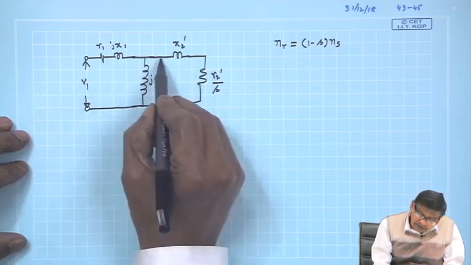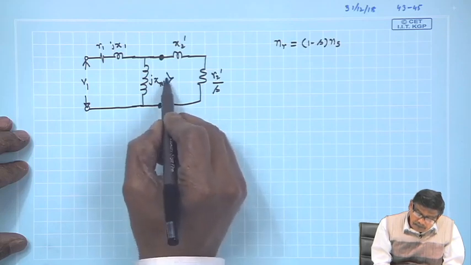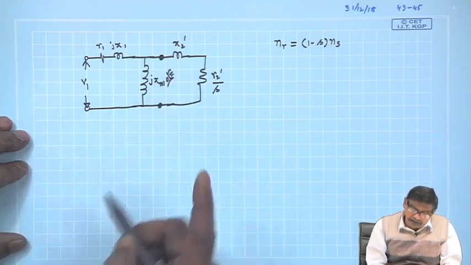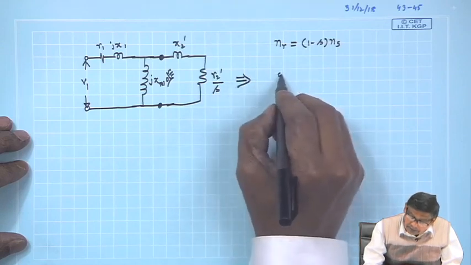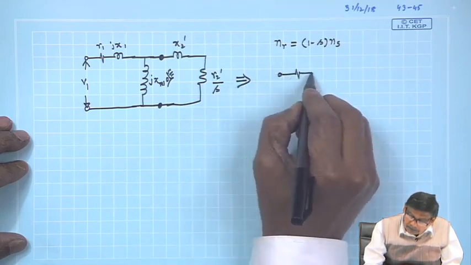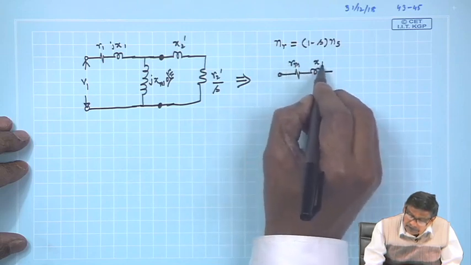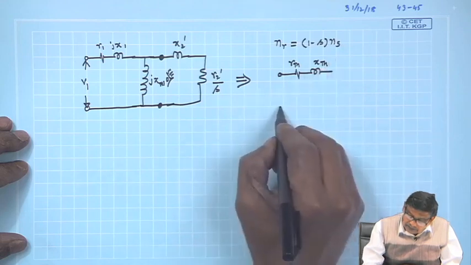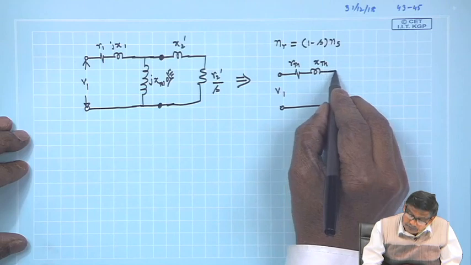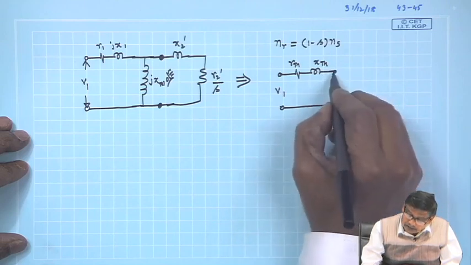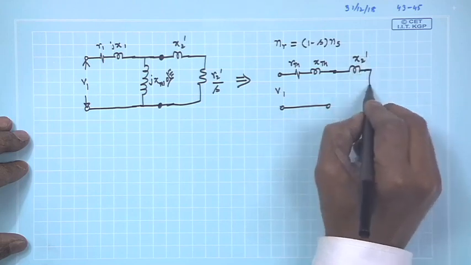Then between these 2 points, we found the Thevenin's equivalent, and this circuit was redrawn as R Thevenin, X Thevenin in series, and then this remains V1, and then XM goes, and you have this equivalent circuit.